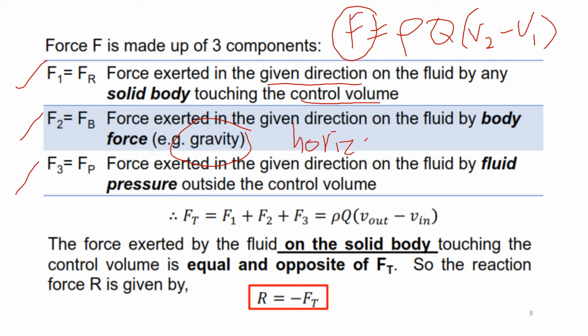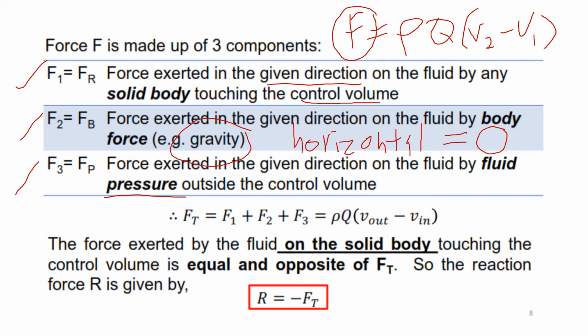When the word horizontal plane is mentioned, there is no gravity, so it is considered as zero. Okay, then F3 is the force exerted in the given direction by fluid pressure outside the control volume. Okay, so this is Fp, that relates to the pressure.